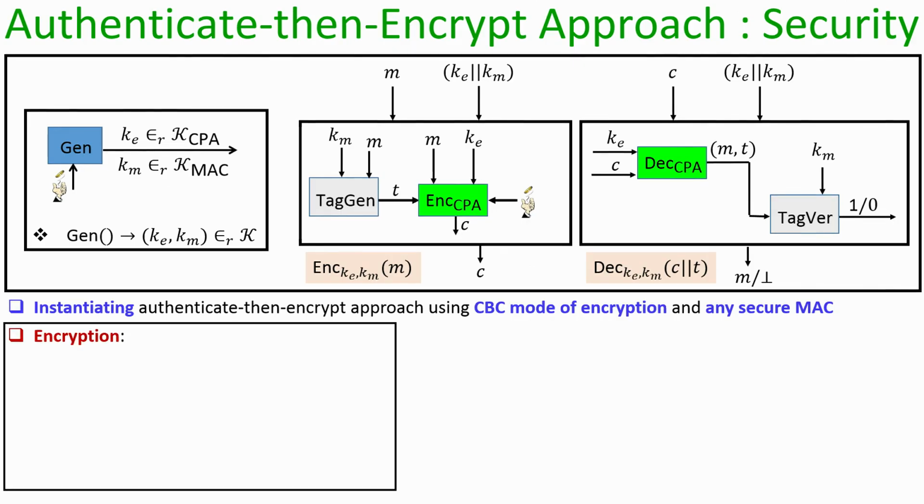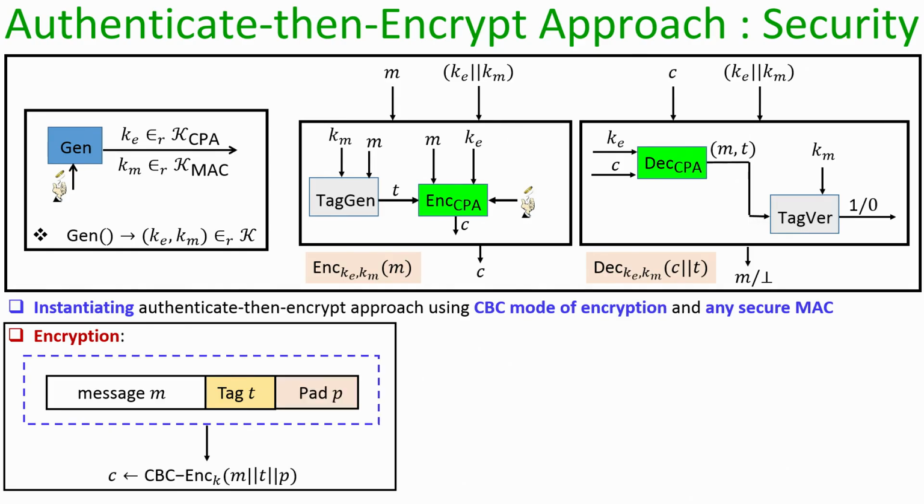So, the way the encryption is going to happen in this composed scheme will be as follows. Imagine you have a plain text. First we are going to compute the tag on that message, because we are in the Authenticate-then-Encrypt approach. Once we have computed the tag, then this overall message and the tag together is treated as a plain text to be encrypted as per the CBC mode of encryption.